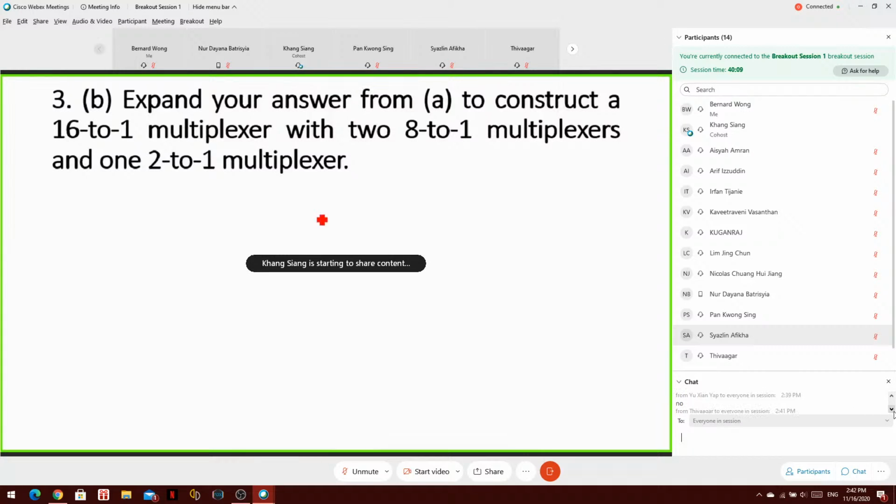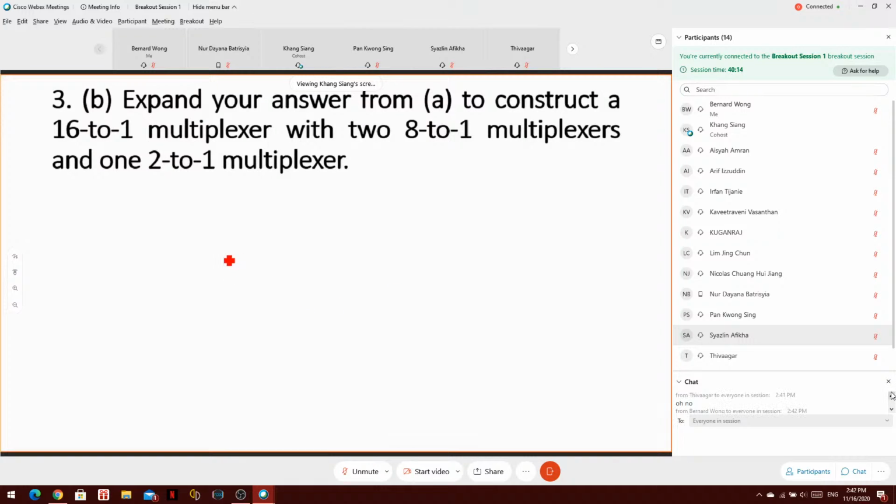Okay, my drawing maybe is not so good here because I just use a mouse to draw. So you should have 2 of them. This is 8 to 1. I just simply draw, you guys complete the thing by yourself.